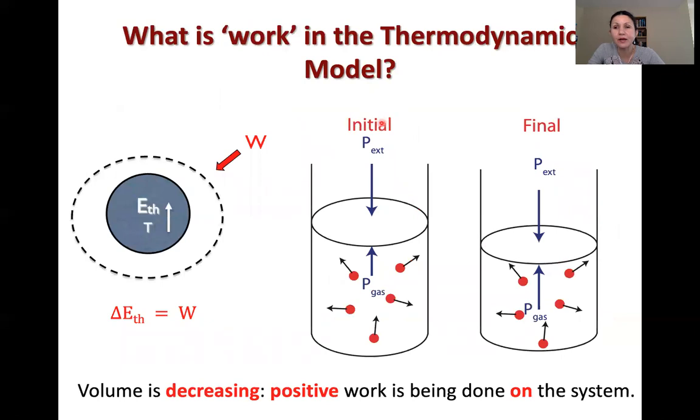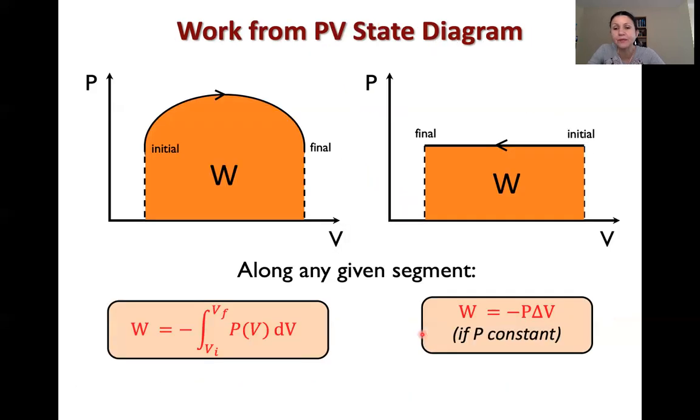You would have to do more work to change the volume of this gas more and more. You have to keep exerting that force over some given distance, which means the work is increasing as you change the volume more. So it makes sense that it would be proportional to how much you've changed the volume.